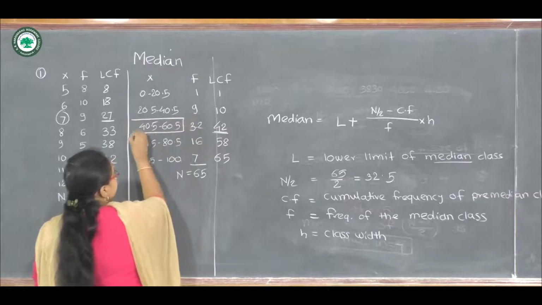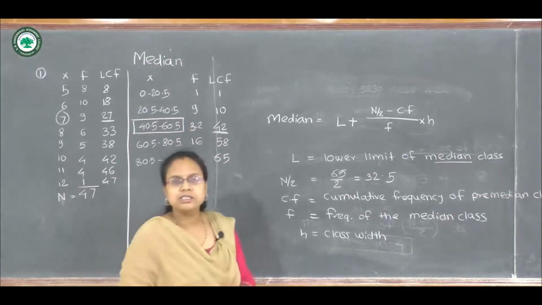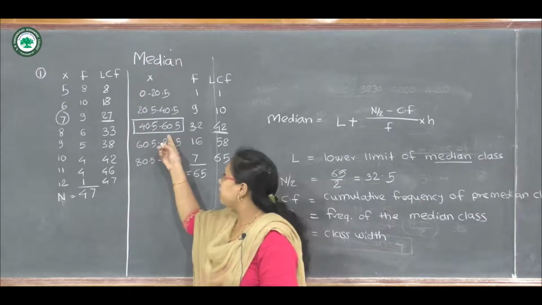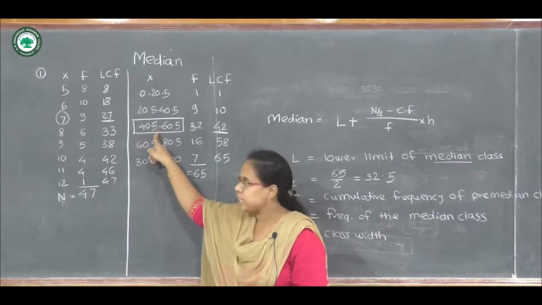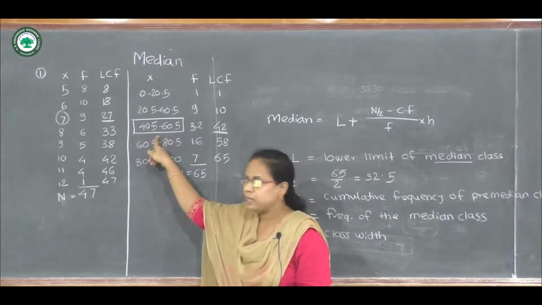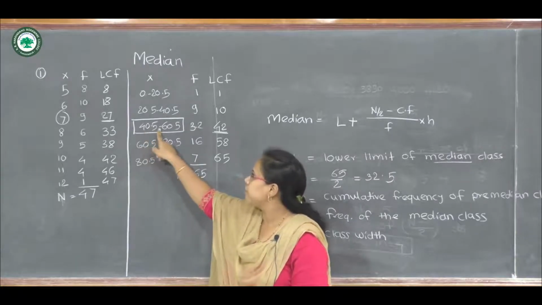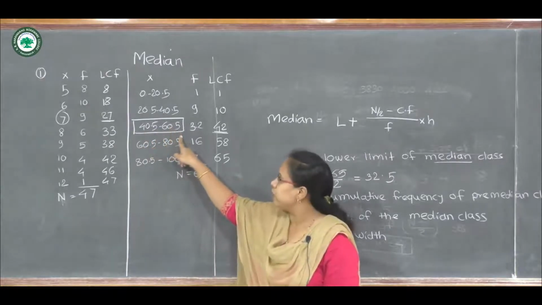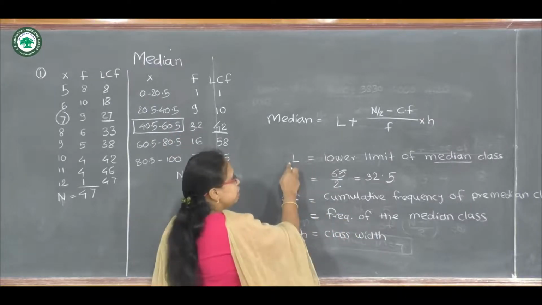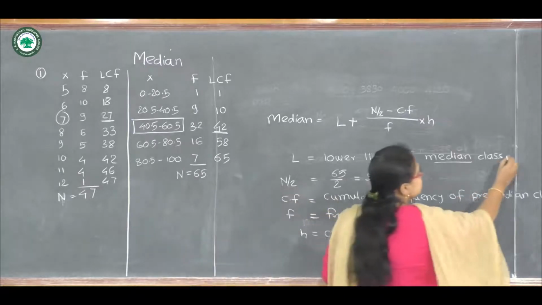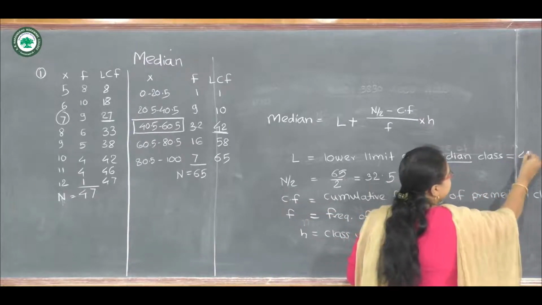So median will belong to this class. We have not got our answer for median, but at least we can say that median will lie in this class, 40.5 to 60.5. Now we will calculate further. L, the lower limit of the median class, here is 40.5.